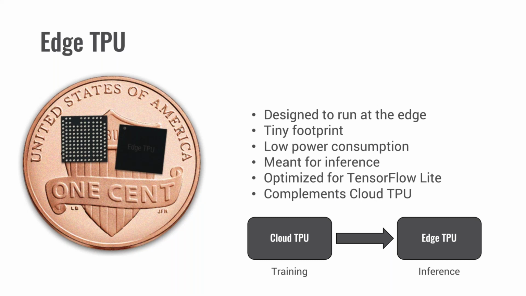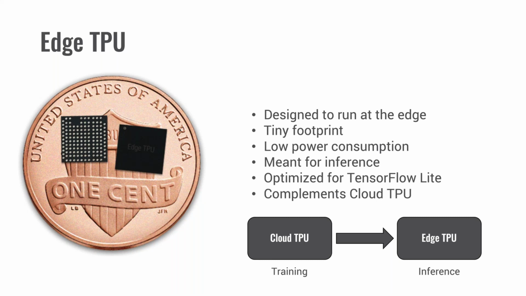Of course, it's not completely true. You can do what is called on-device transfer learning, but 90% of the use cases of Edge TPU are meant for inferencing. It is optimized for TensorFlow Lite. Now, TensorFlow Lite is a framework from Google which is optimized to run TensorFlow models on devices like iPhone, Android, Raspberry Pi, and so on.